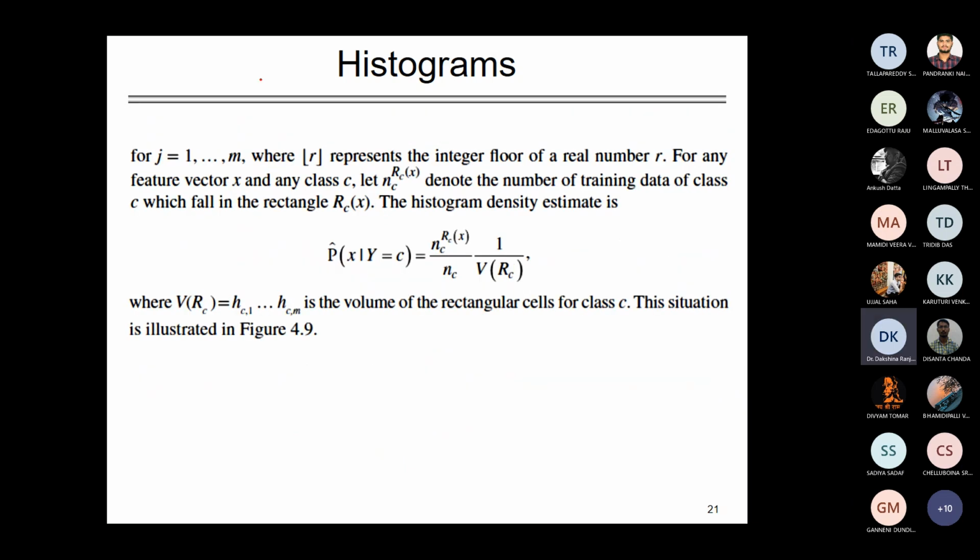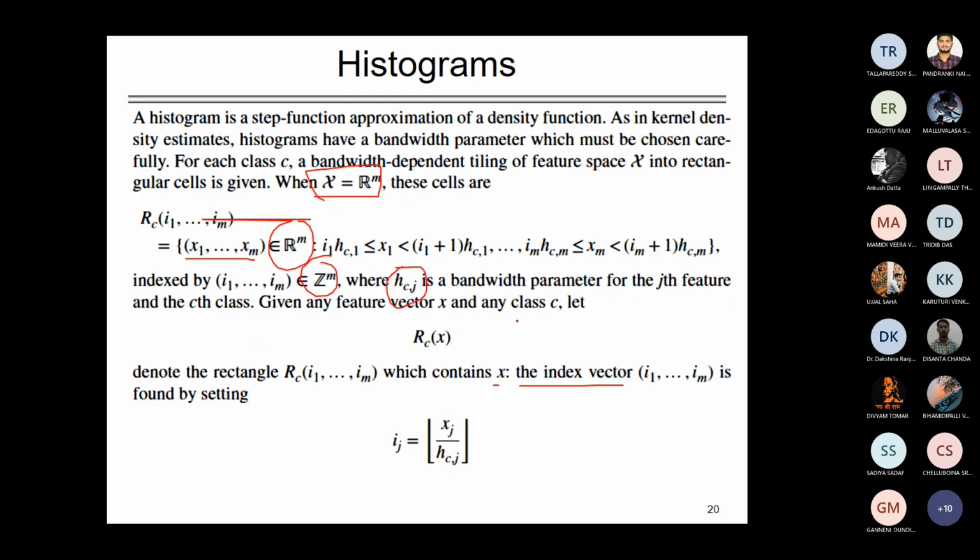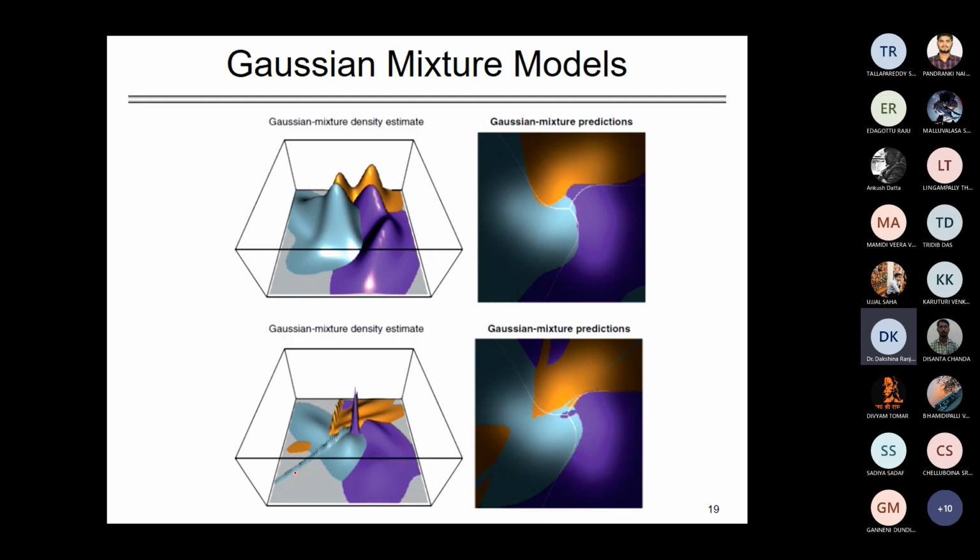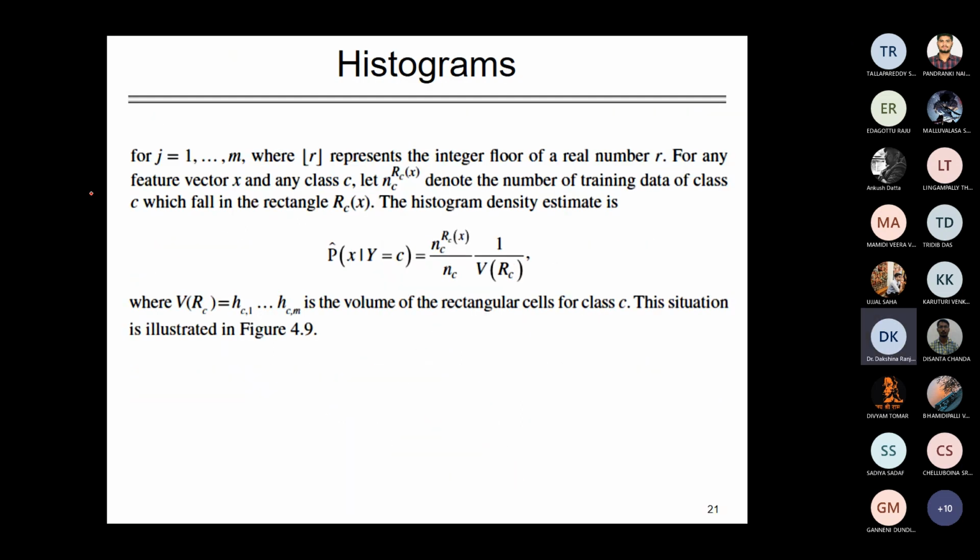Now for j equals 1 to m, since we are considering m features, this notation represents the integer floor of a real number. This ratio will give us a real number, and we take the floor function over this real number, which gives the integer floor.